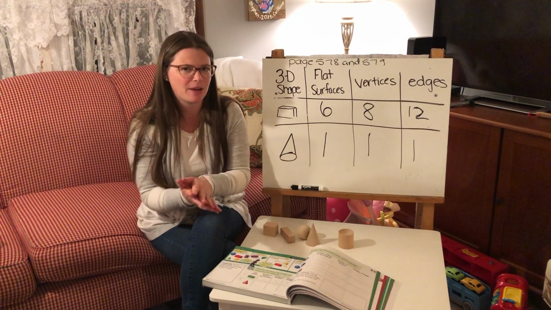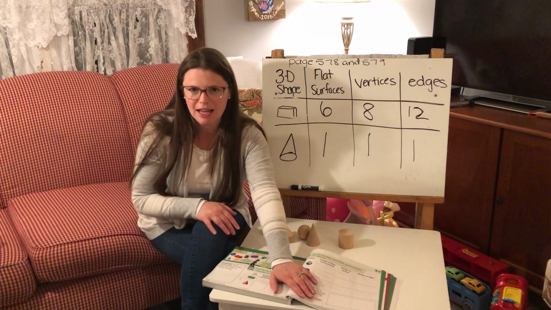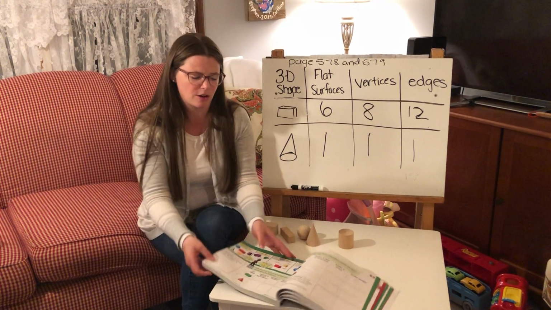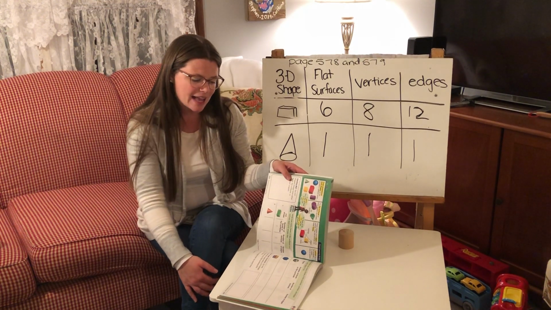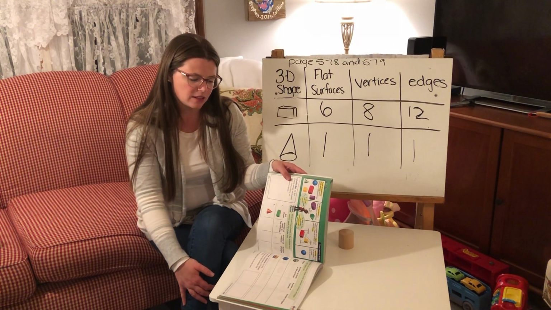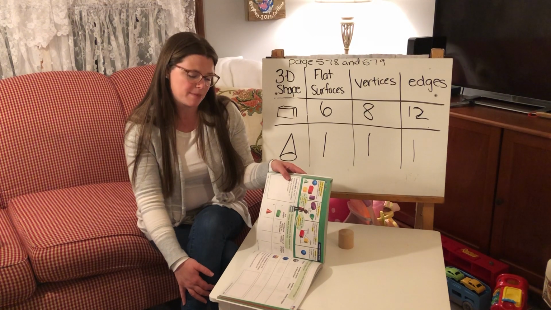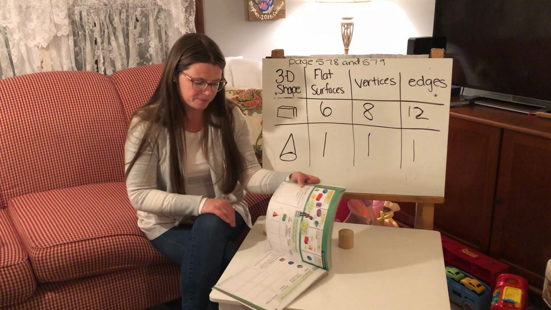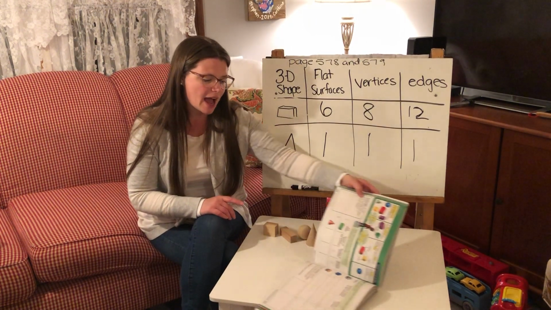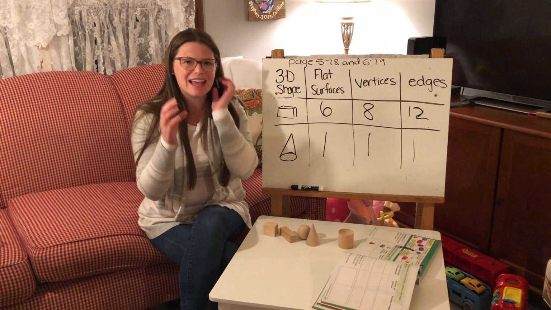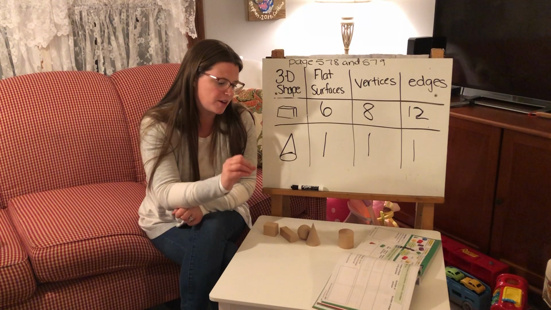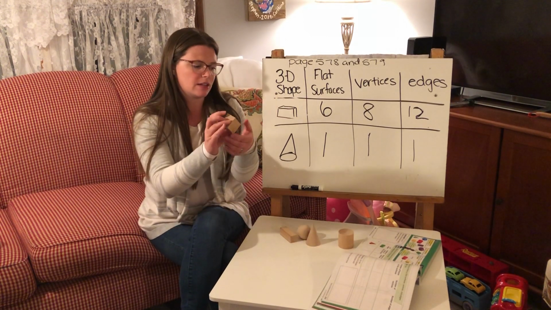Okay, so now I'm going to explain the last one, and then you guys are going to do it on your own. It says, follow along with me, Lily has an object that looks like a 3D shape. So it looks like one of these. The object has 2 flat surfaces and 0 vertices. Take a look at this one.